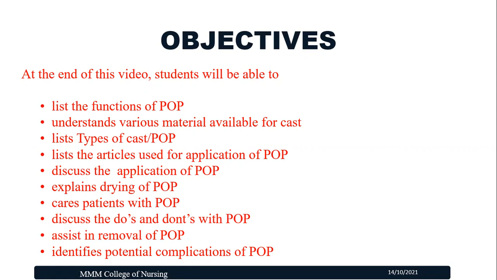They will also discuss the do's and don'ts with POP, and at last they'll be able to assist in removal of POP and identify potential complications of POP among patients.